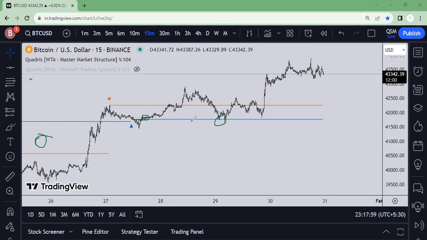Price respected this level, bounced back from this point, bounced back from this point. Again respected over here, price acceleration over here, a struggle of price over here, again struggle, failure to hold it, again came back, again struggle and came back, and upswing.